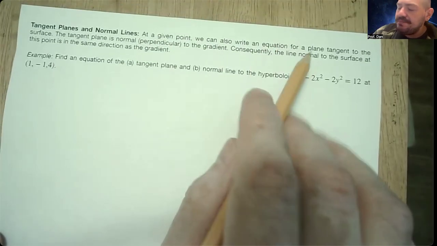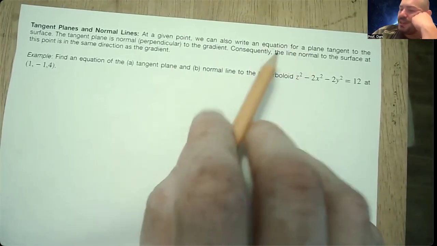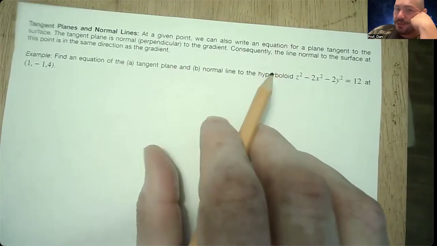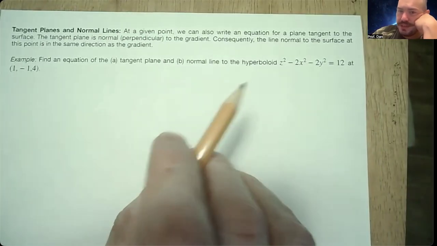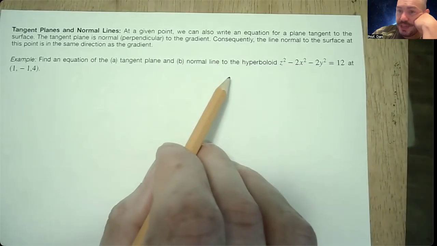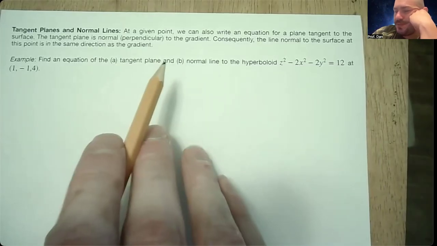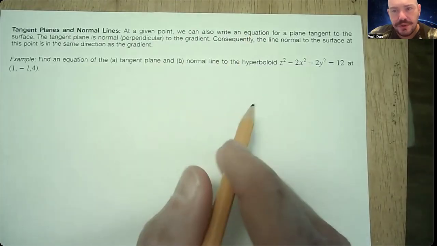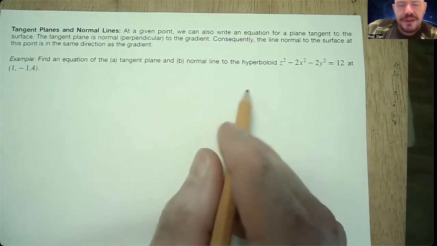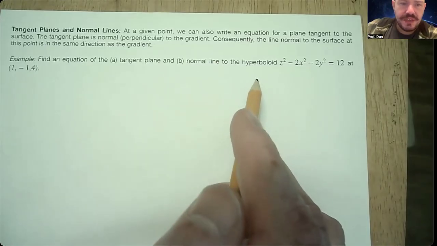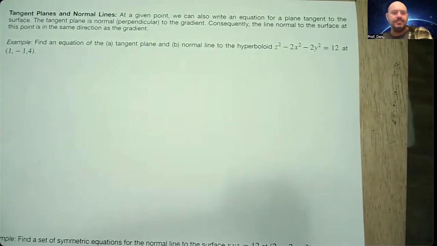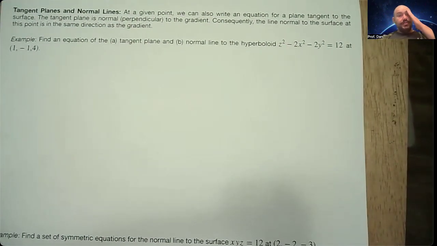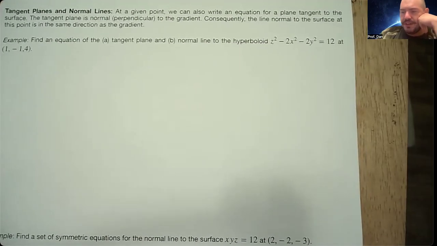All right, but we can find the tangent plane or even a normal line for a three-dimensional surface. And again, that would be where you have a line that's poking directly out of the surface, making a 90-degree angle with the tangent plane or any tangent line. And basically we can use the gradient to figure out what these different things are.